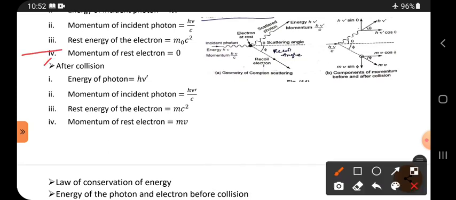Momentum before collision is h nu by c, and momentum after collision is this one, so h nu dash by c plus 0.